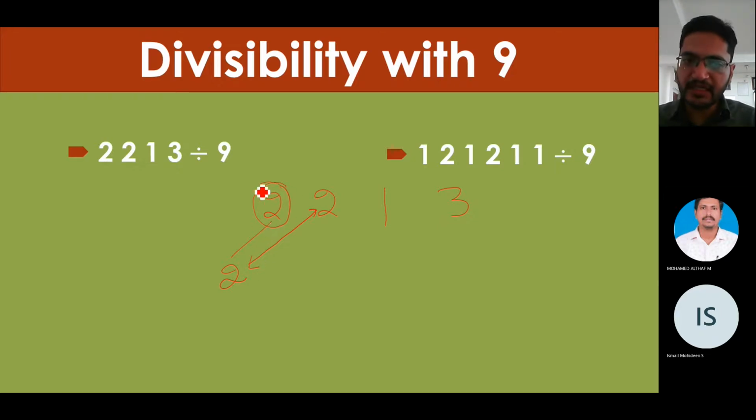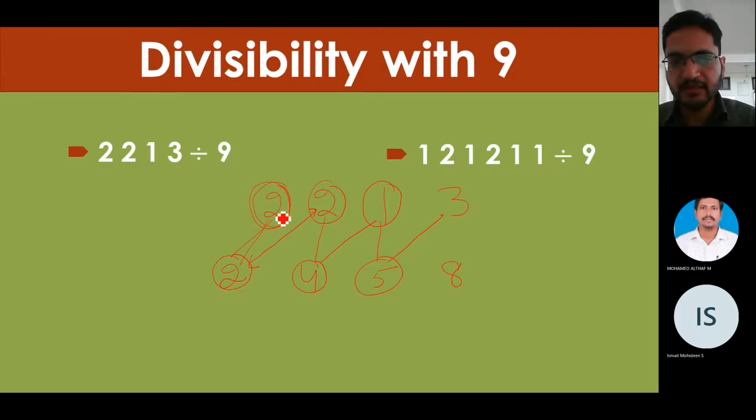In the first step, I will write this number as it is. In the second step, I will add this 2 in this number. I will get 4, and this 4 I will write here. Now again, I will add these two numbers. The answer is 5, and I will write here 5. Now I will add this 5 in this 3. So the answer is 8.